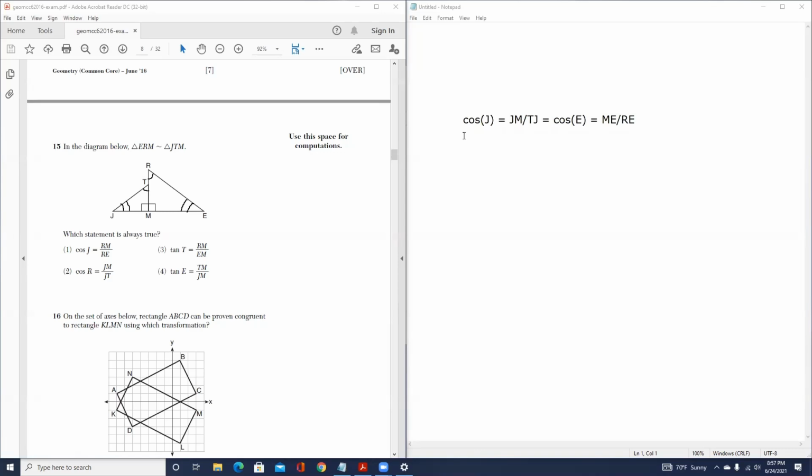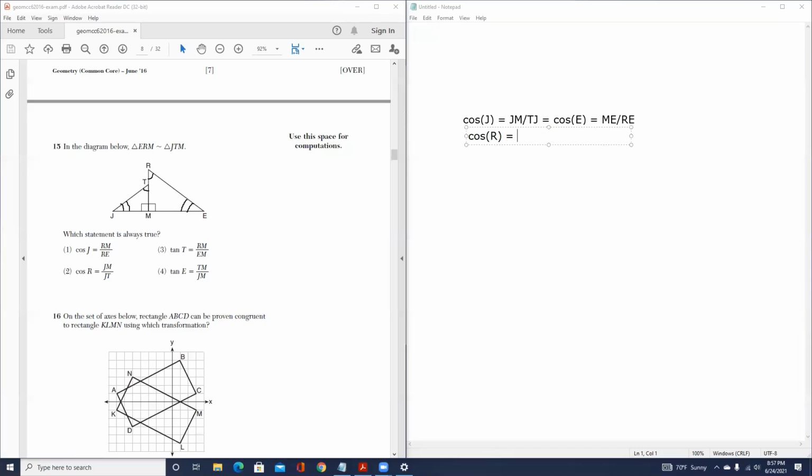Let's repeat this again for the second option. Cosine of R is equal to MR over RE, or no, equal to TM over TJ. Never mind, I had it backwards.